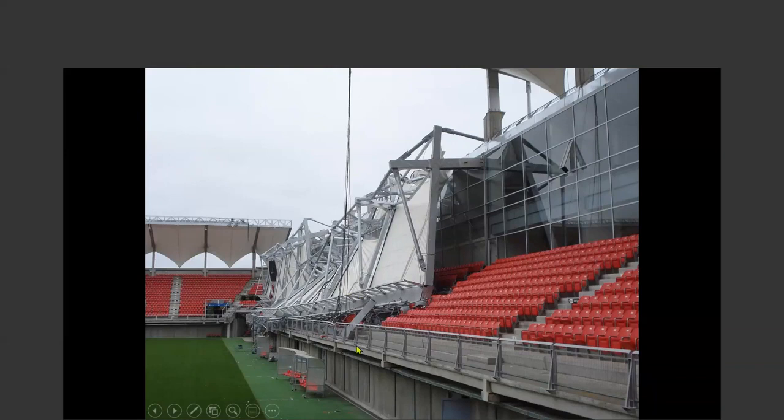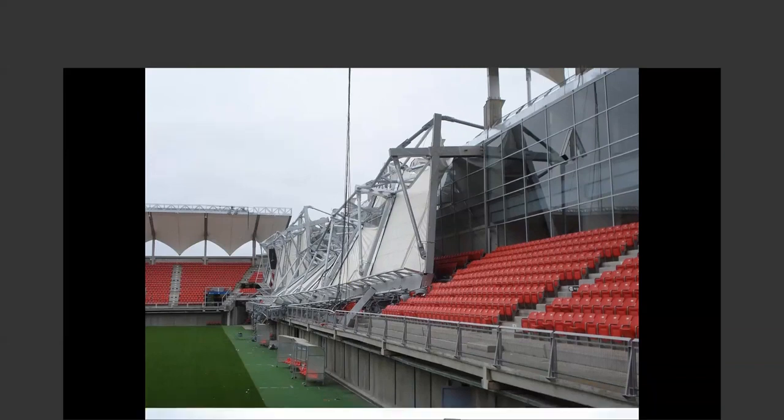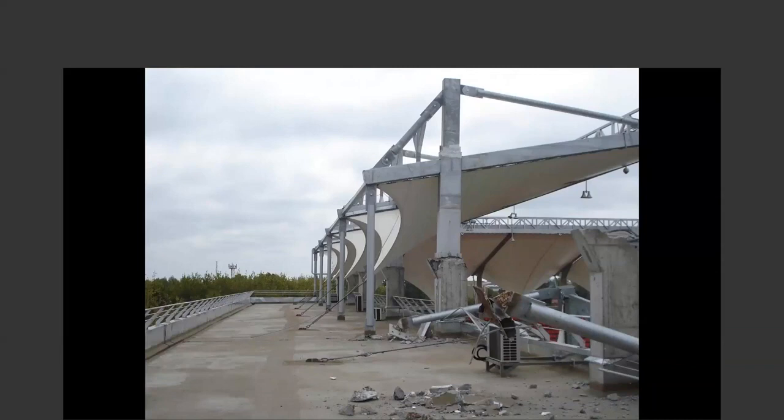And when we tried to look for a reason, the roof was supported by those steel columns, or whatever you want to call them, which were mounted on concrete pedestals. Okay, and here you can see signs of failure. Here it has completely pulled out.